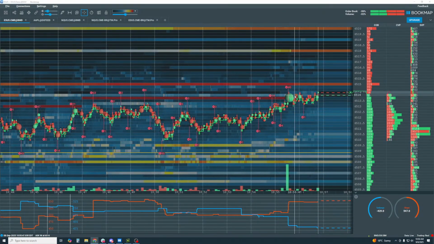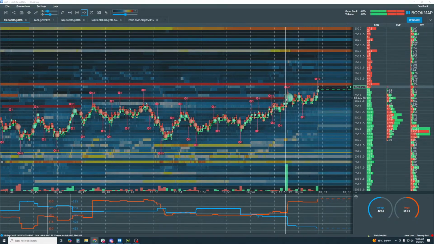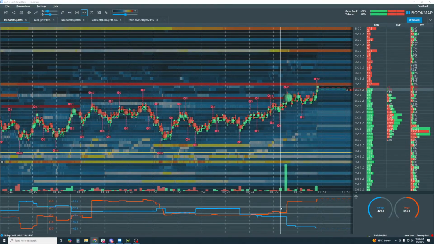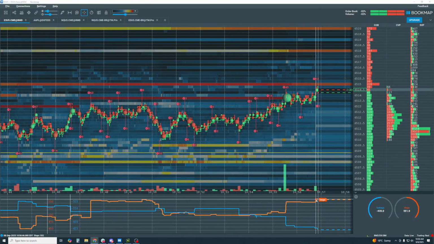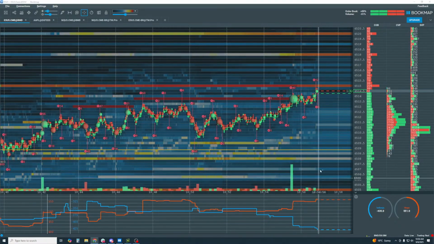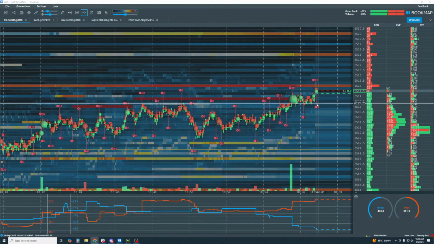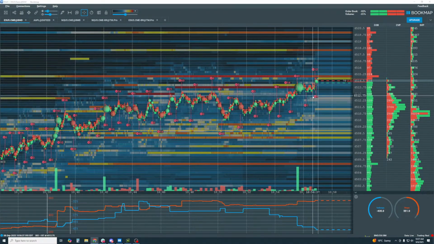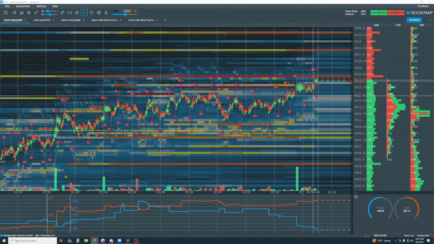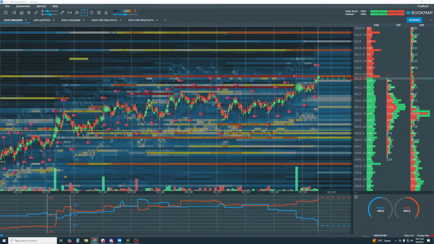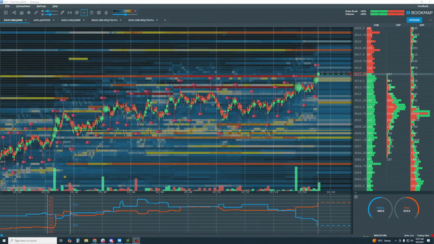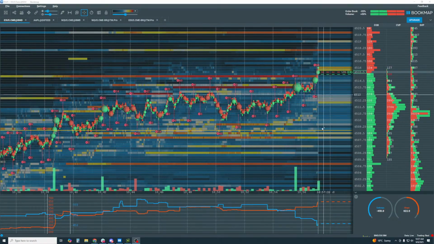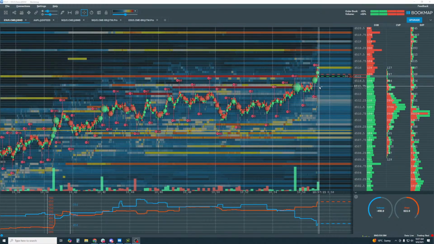Okay, here we go. So a lot of buyers, still more buying pressure. Stop run, another stop run here. Okay, still squeezing a little higher here. Nice stop run.